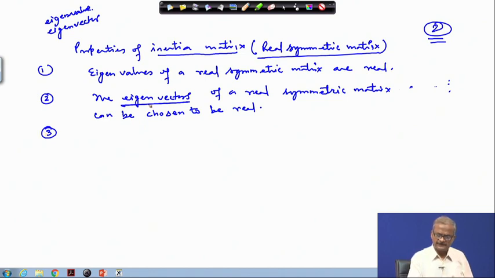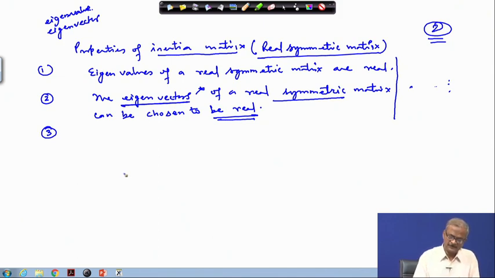And this has significance: if the eigenvectors of a real symmetric matrix can be chosen to be real, it means the eigenvectors indicate directions. And for this particular case they indicate the principal axis direction, as we will see later on.